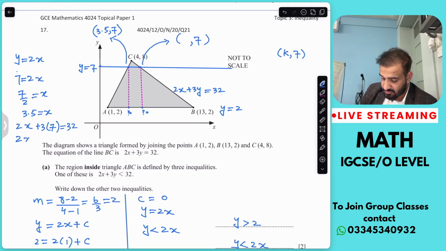So 2x is equal to 32 minus 21, that is 11. So x is going to be 5.5.